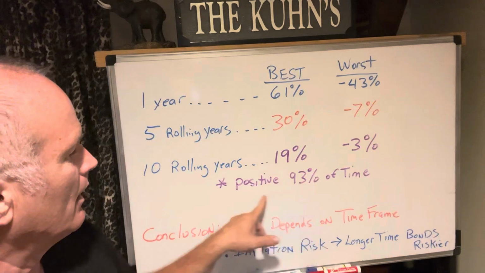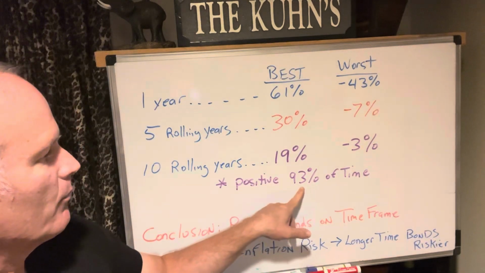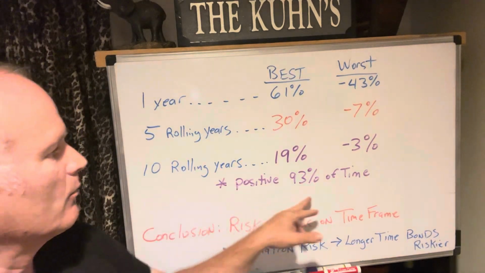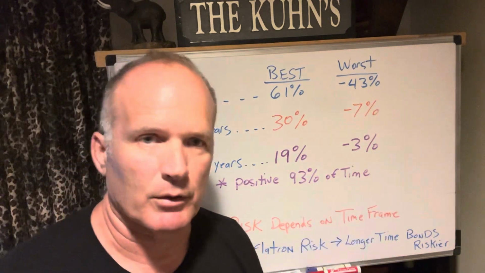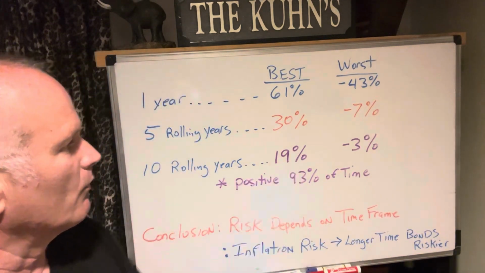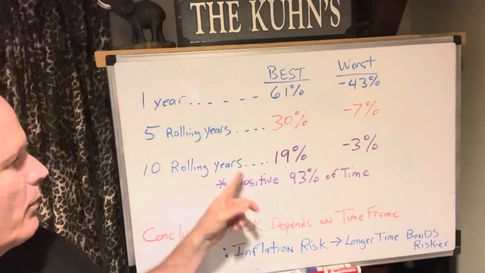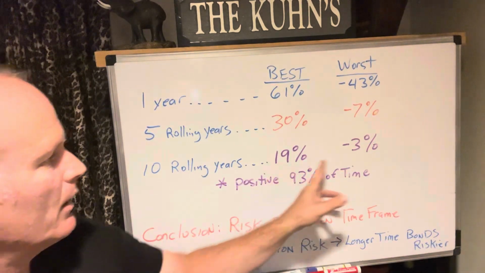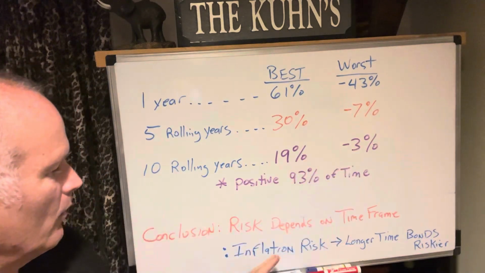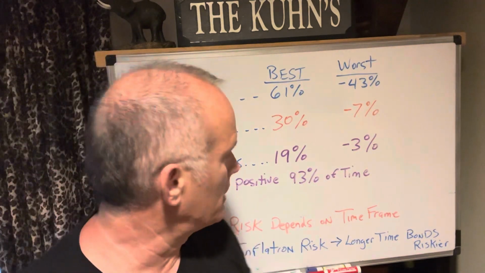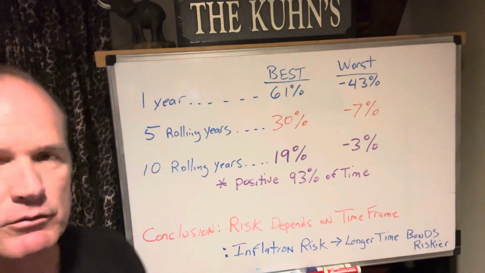By the way, I did find that 93% of the time during these 10-year rolling periods, it was a positive number. So pretty good odds if you invest for 10-year periods of time, you're going to be between these with an average somewhere of around 10. So that actually feels pretty good.